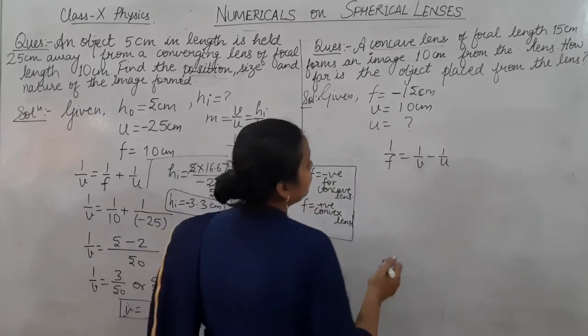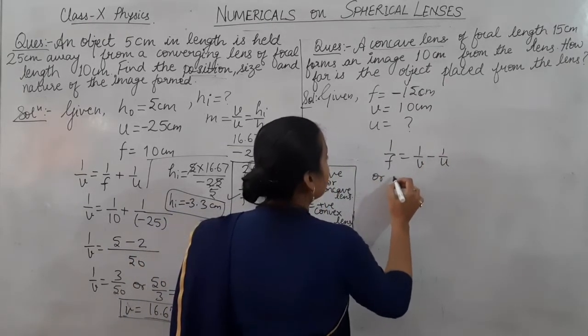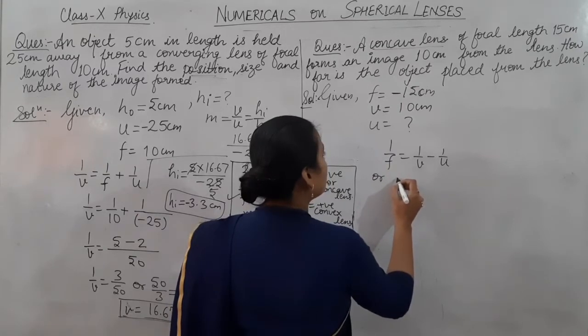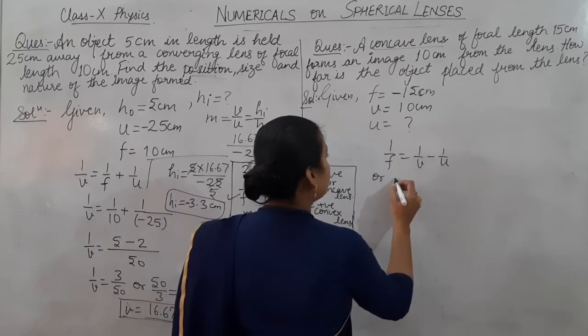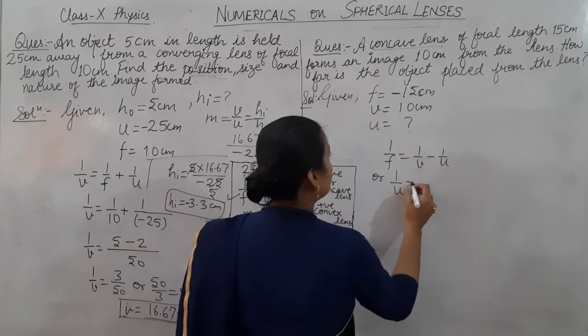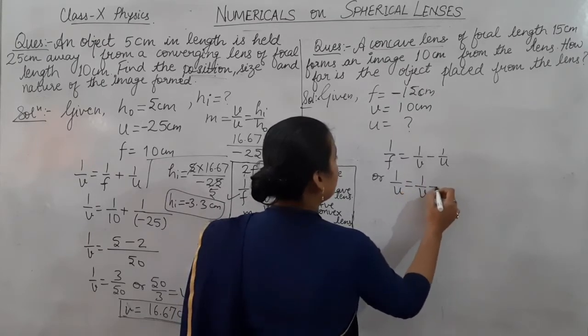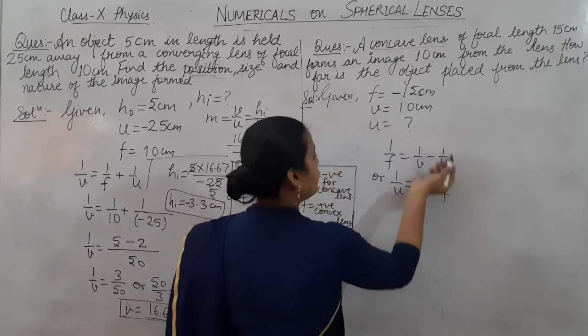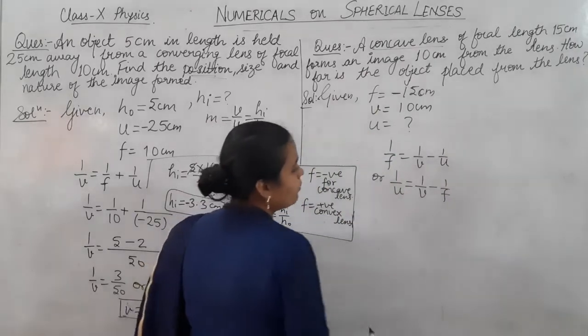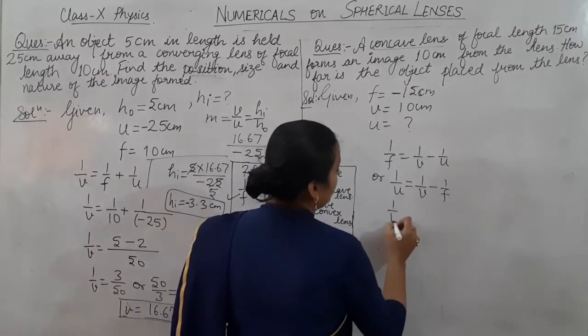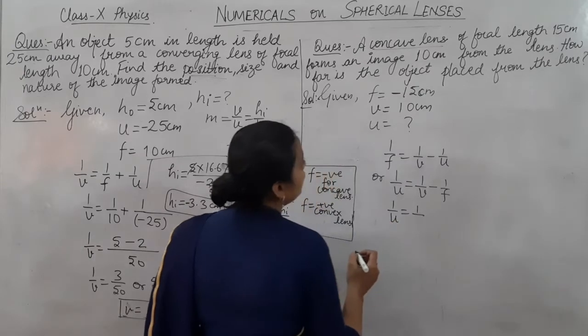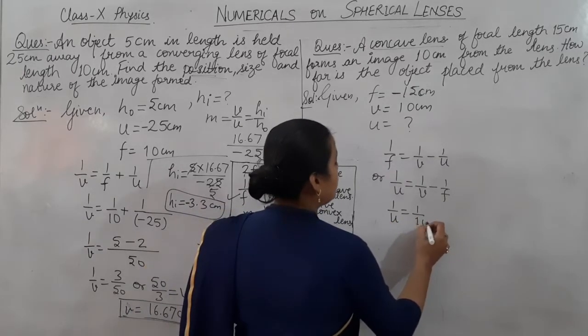It can be done in the same manner: 1 upon u is equal to 1 upon v minus 1 upon f. If we take 1 upon u on the left side, it will become like this. 1 upon u is equal to, what is v? v is 10 centimeter.